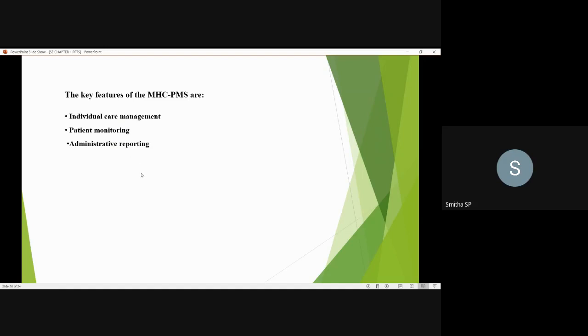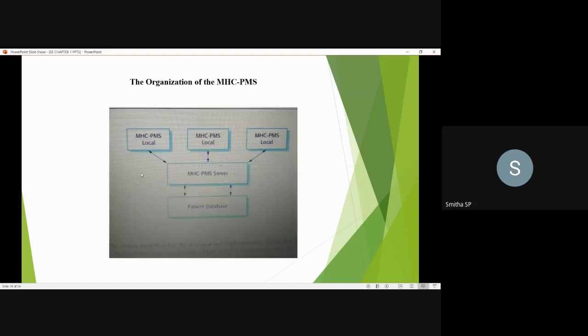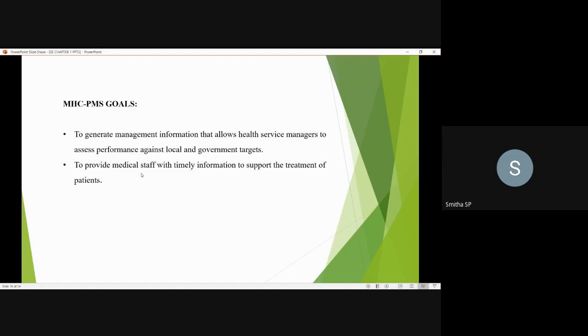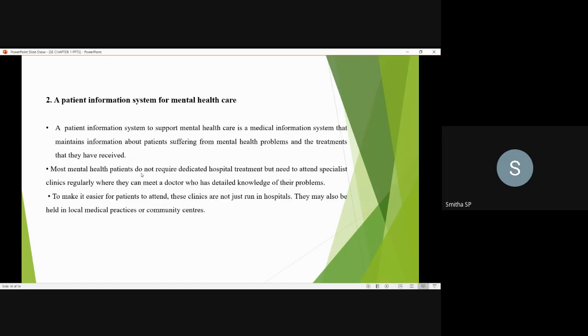So far we have gained knowledge about what the MHC-PMS is. It is a medical information system that consists of detailed information about patients suffering from mental illness and the treatment they are receiving.